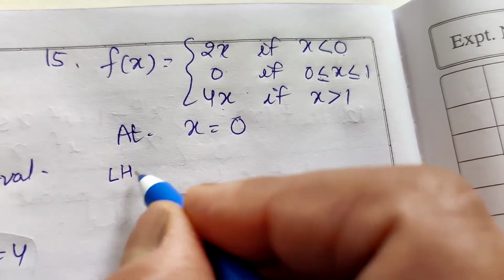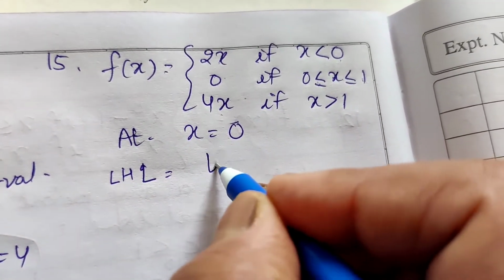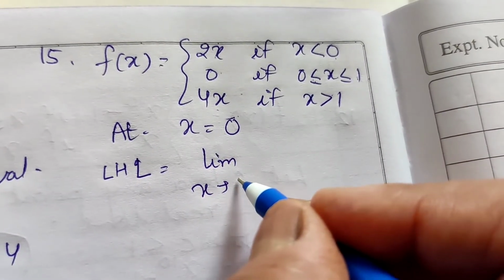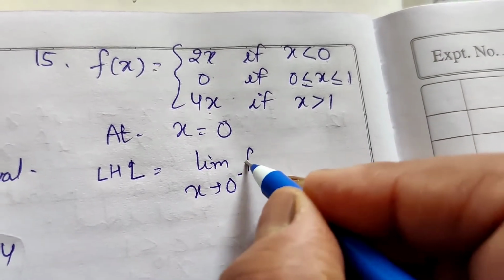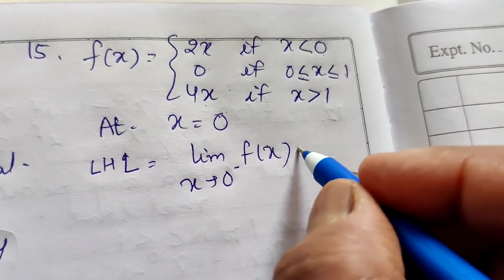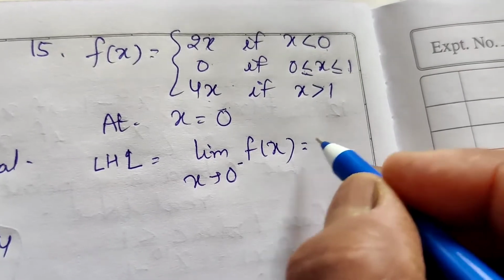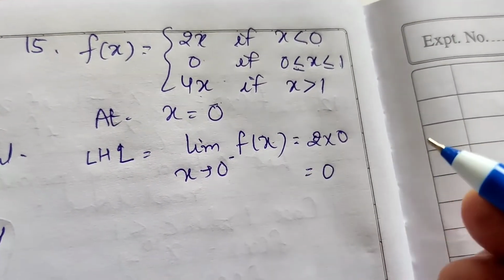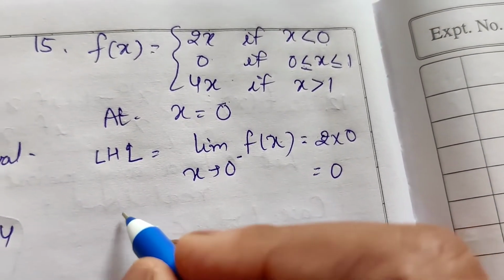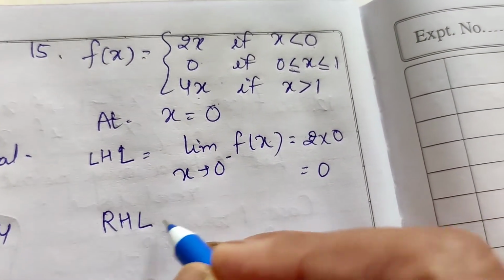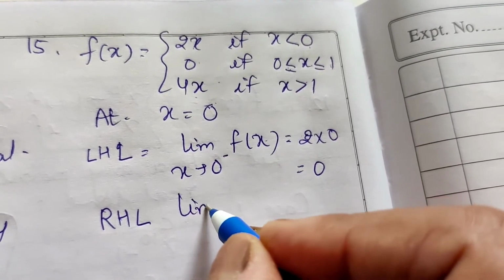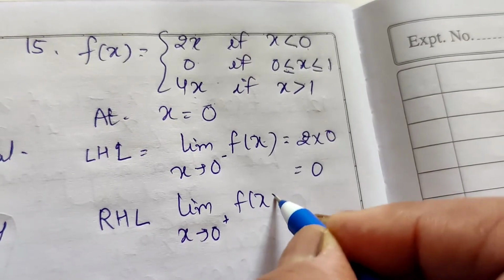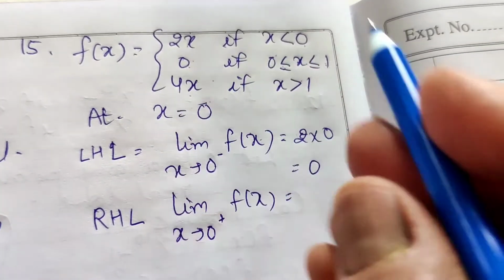If x equals 0, the function value is also equal to 0. The left hand limit, x tends to 0 minus: the function value for x less than 0 is 2x, which means 2 into 0, that is 0. And for the right hand limit, x tends to 0 from the right hand side, the function value for x greater than 0 is 0.